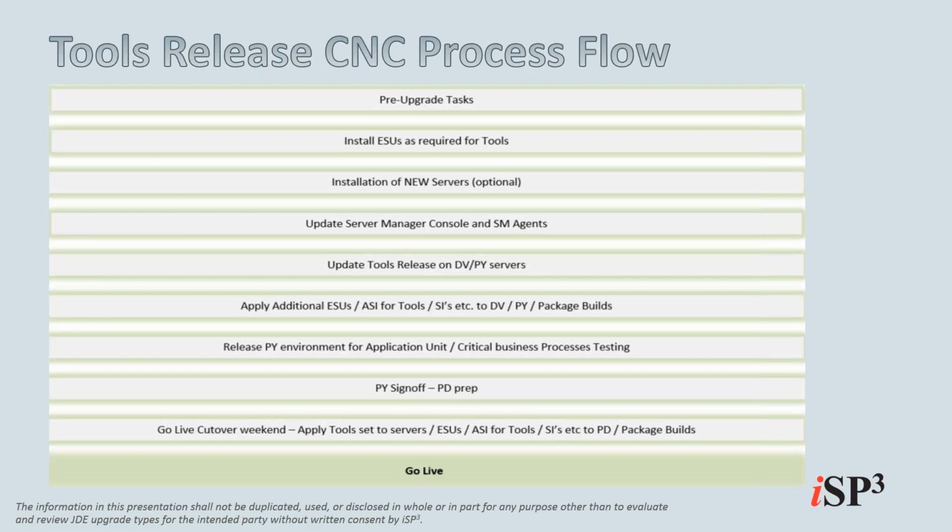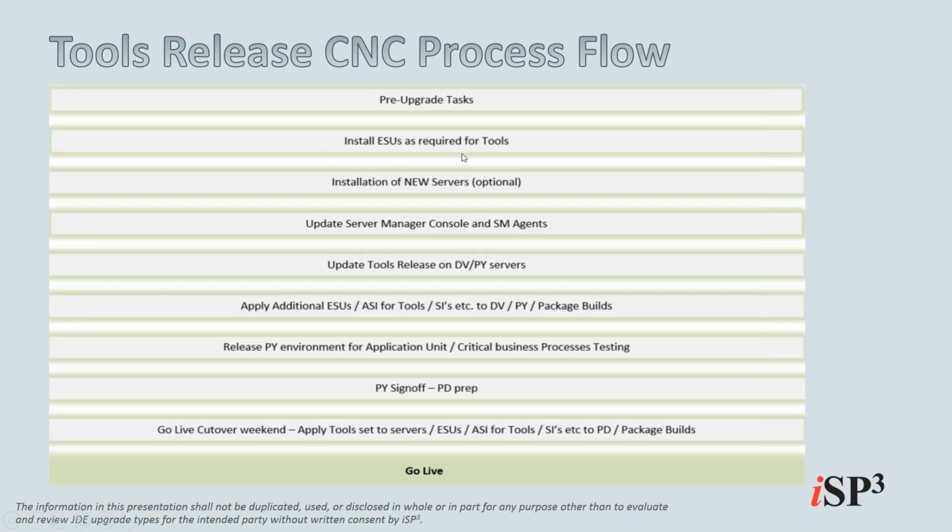So the pre-upgrade task that goes along with it is planning what ESUs you're going to apply and what impact they're going to have on your system, and preparing the application team for what is coming down, because they need to have those scripts ready to test and to be able to validate that everything is working as expected.